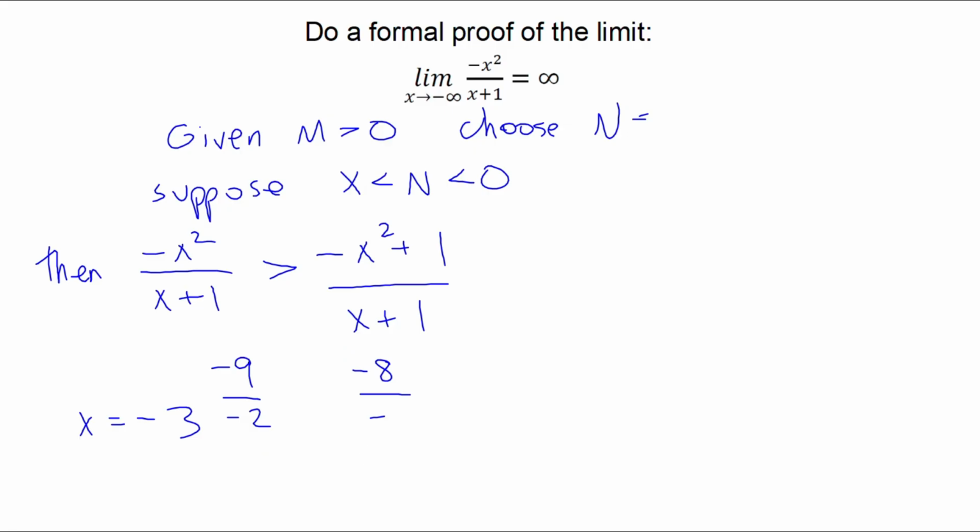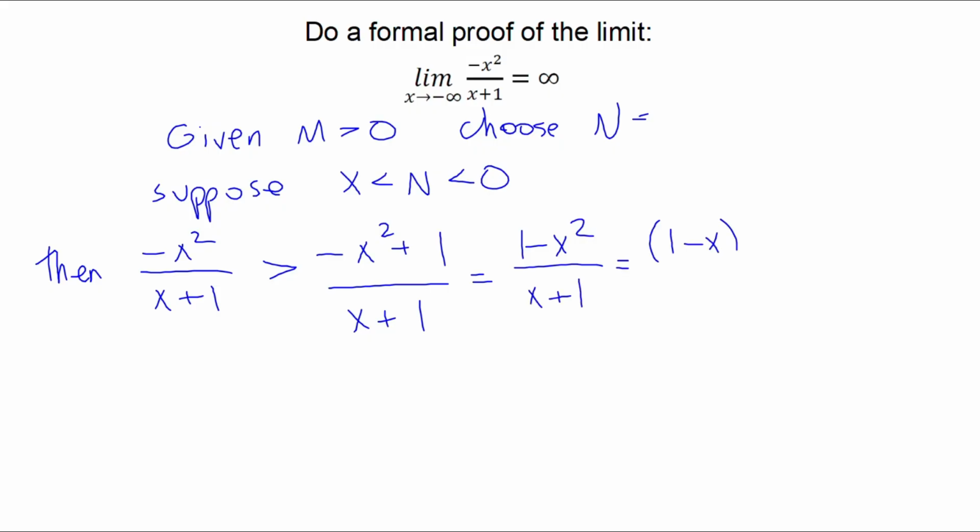So I think we can see that inequality looks good. The nice thing now is that negative x squared plus 1 is the same as 1 minus x squared, which is the same as 1 minus x and 1 plus x, which allows us to cancel the 1 plus x with the x plus 1 in the denominator, giving us just 1 minus x.